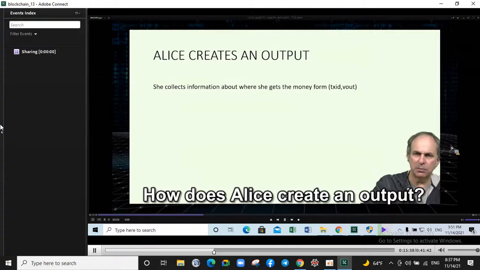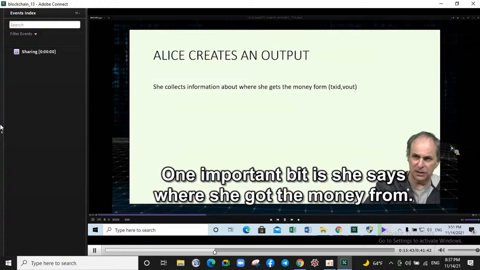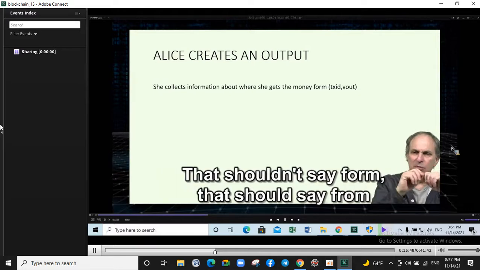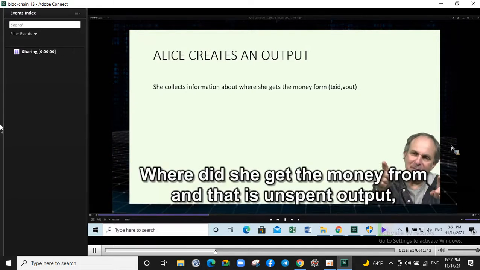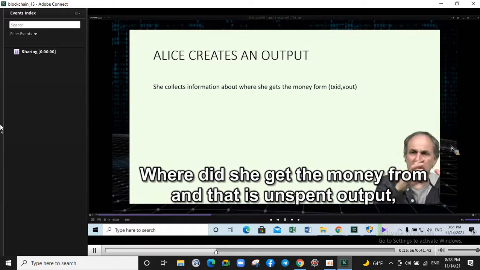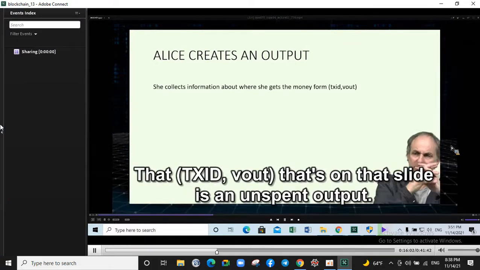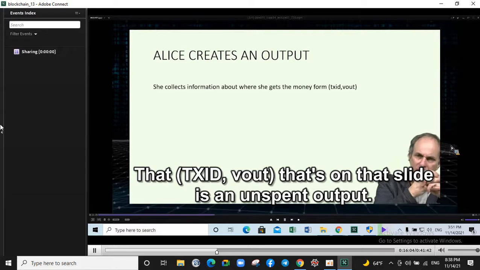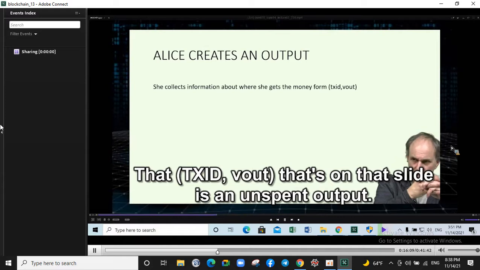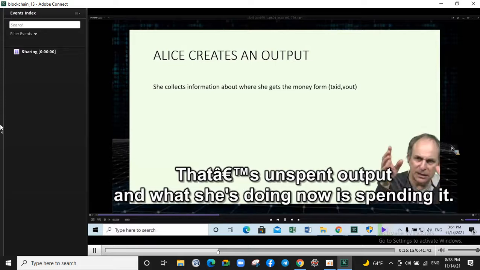So how does Alice create an output? She collects information. One important bit is she says where she got the money from. That shouldn't say to, that should say from, but you've got the idea. Where did she get the money from? And that is an unspent output, which she's now spending. So that TXID V out on that slide is an unspent output, and what she's doing now is spending it.